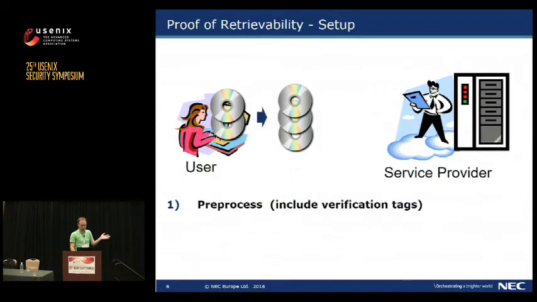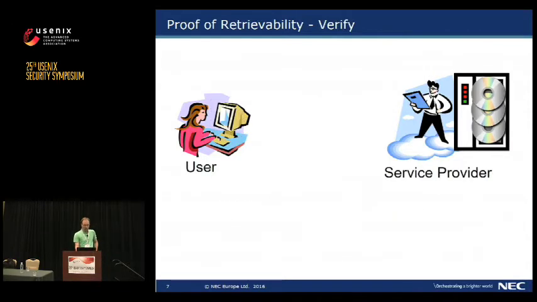So how do they generally work? The user pre-processes the data before uploading. He applies some erasure coding so that he doesn't need to be concerned about every byte of the data. And then he adds some tags, which are kind of homomorphic message authentication codes or homomorphic signatures of some blocks, and then stores all of those data at the service provider.